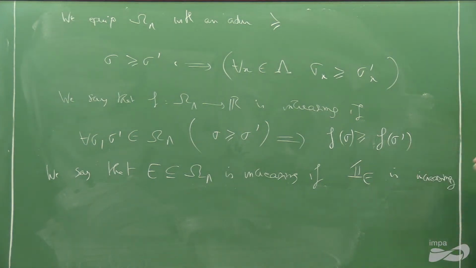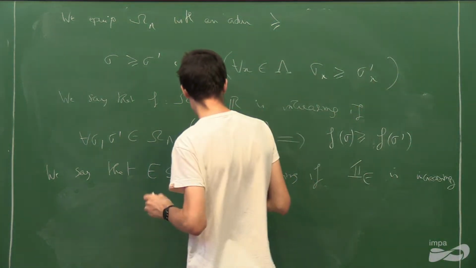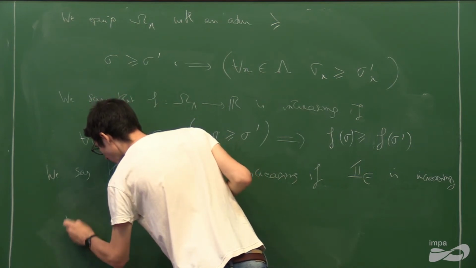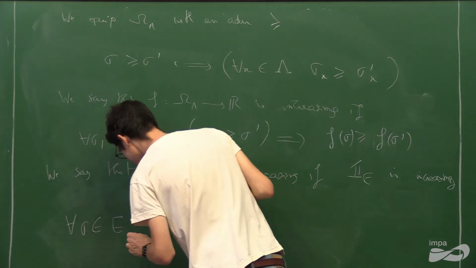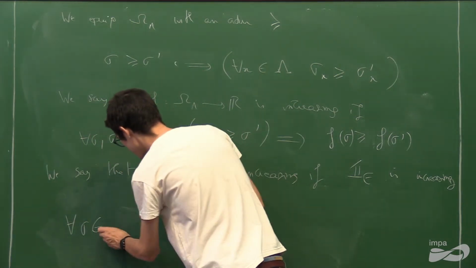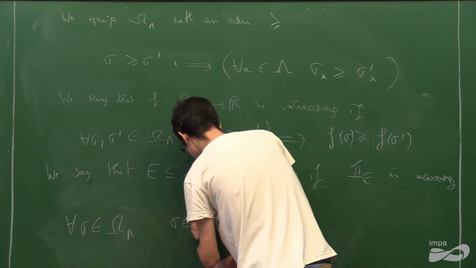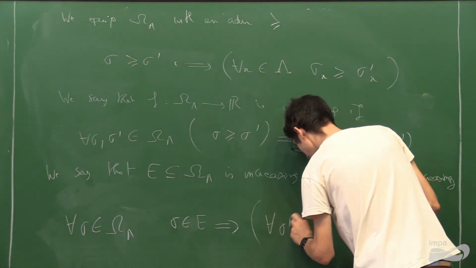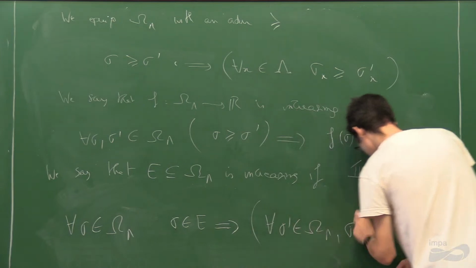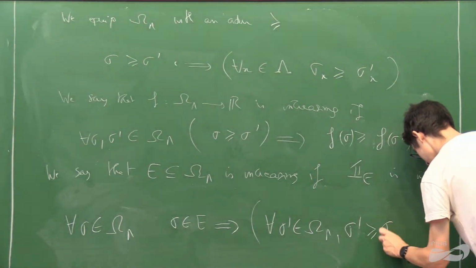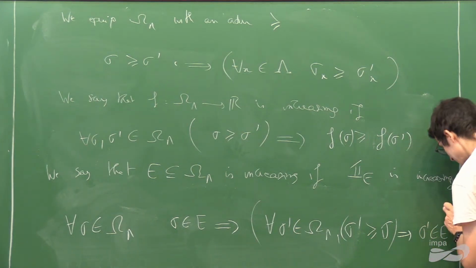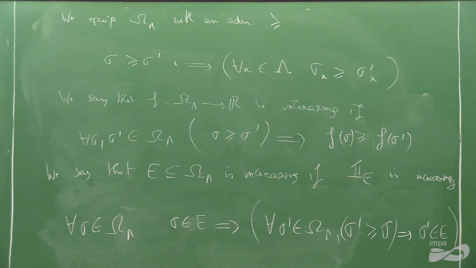What this means, in other words, is that for all sigma in Omega_Lambda, sigma in E implies that for all sigma prime in Omega_Lambda, sigma prime larger than sigma implies sigma prime in E. If a configuration is in E, then all the configurations that are above it are in E.